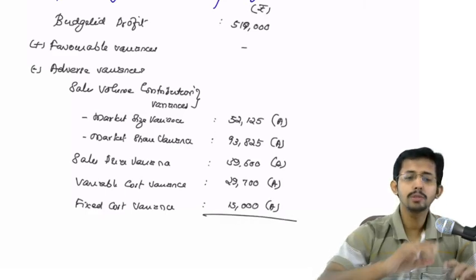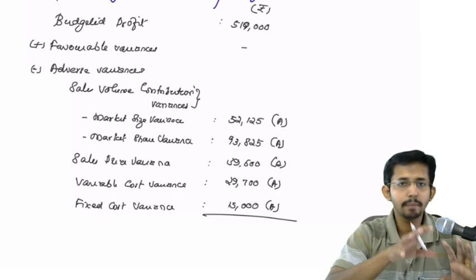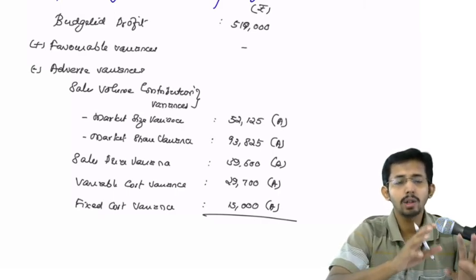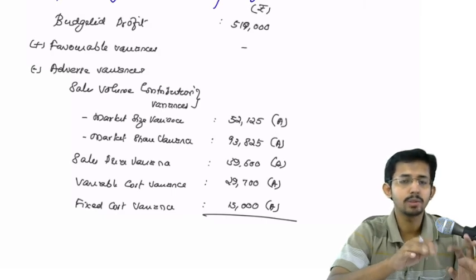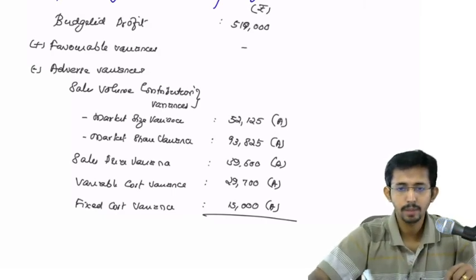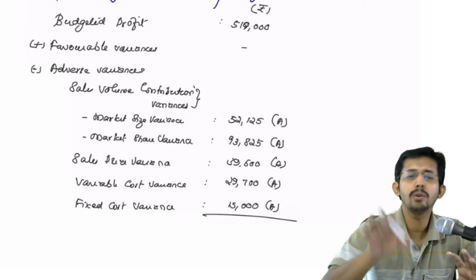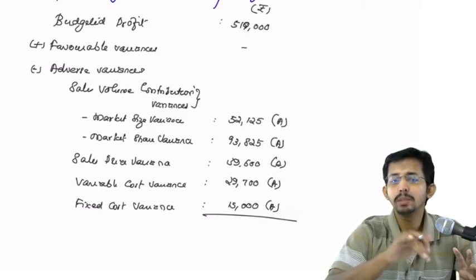Friends, I am not spending too much time on cost variances because I am presuming that whatever cost variances are there in your final syllabus, we have already learned in intermediate. That is why I am not giving you any formulas. I am directly moving to the problems.